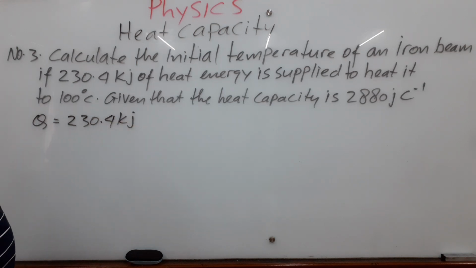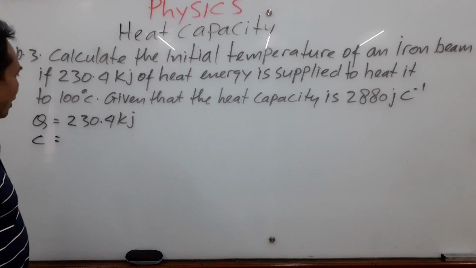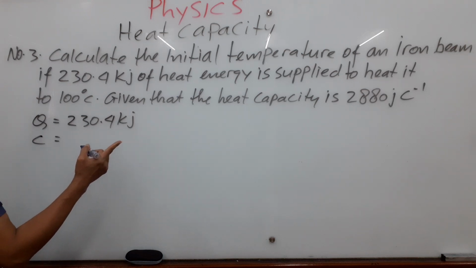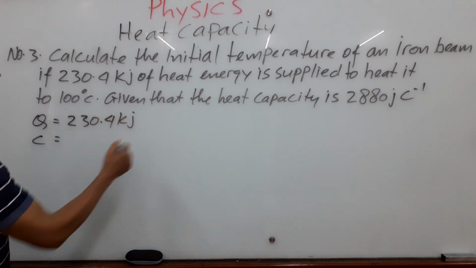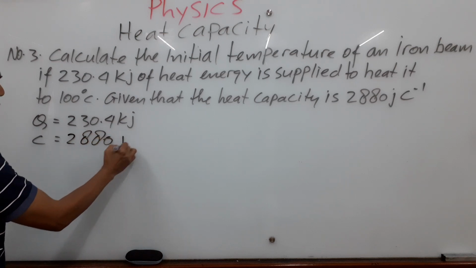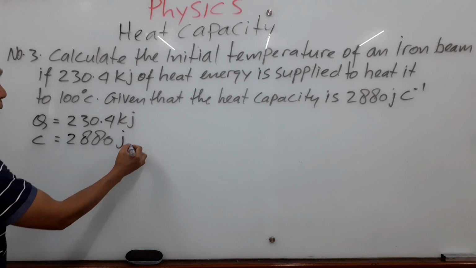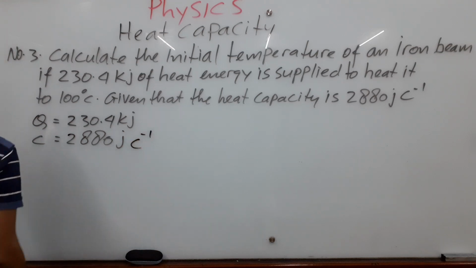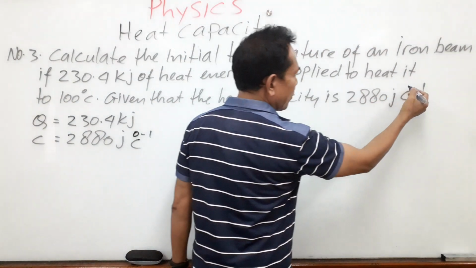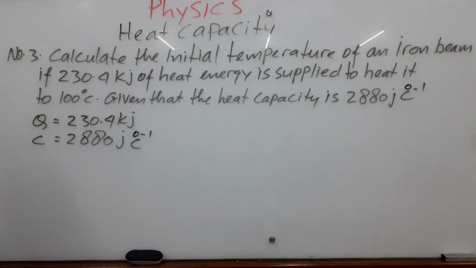The energy required, energy needed, is 230.4 kJ, and the heat capacity is 2880 joule per degree Celsius, degrees Celsius power minus 1. I forgot to put the degree sign here.